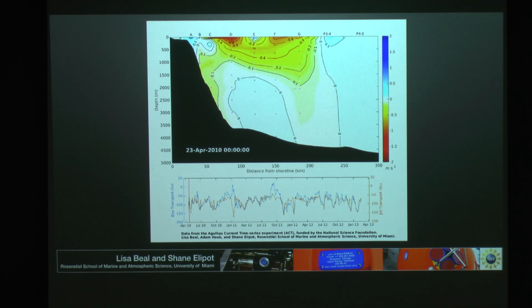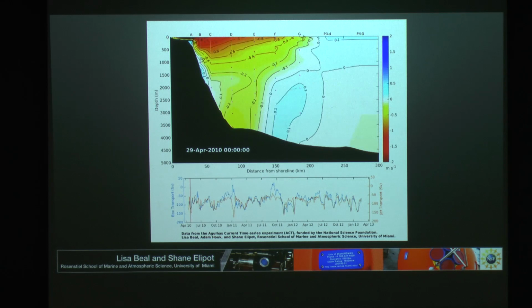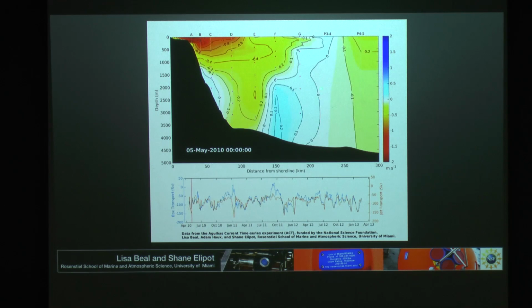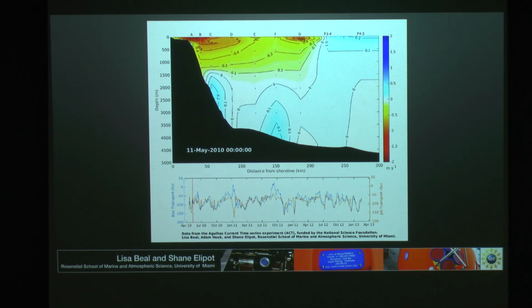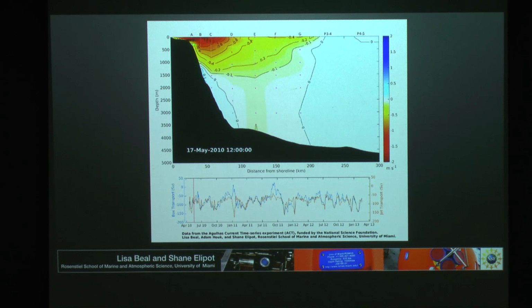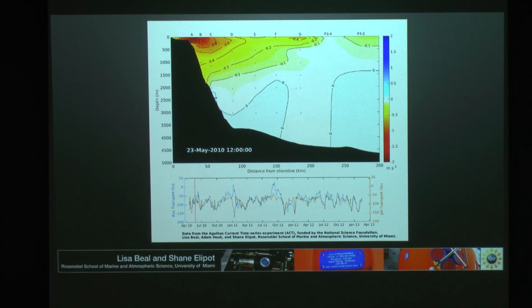Okay, so here's the current. What I want you to notice about this is meander events. We'll have one coming up. Also, if you look at the zero isotach here, you can see how a lot of the time there's quite a complex structure in it. So imagine if you're trying to define the jet and how it changes over time.